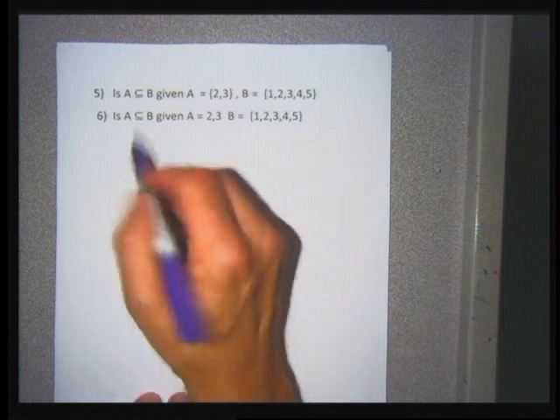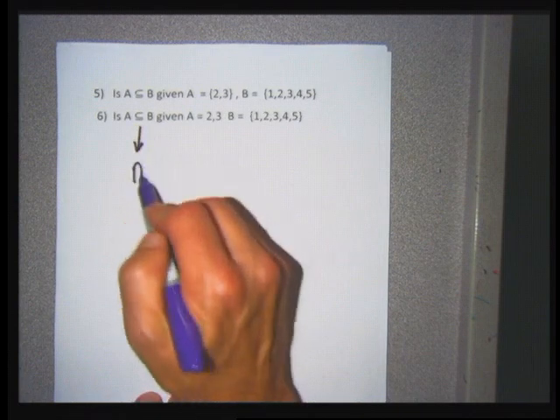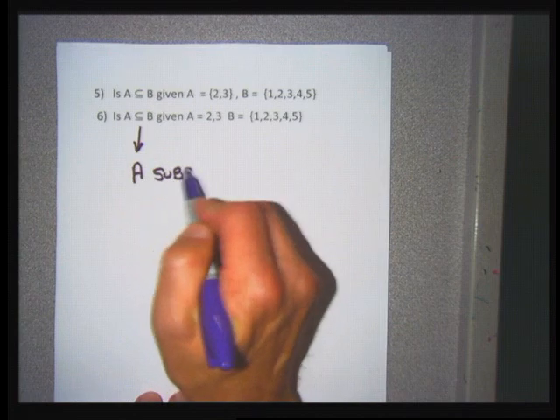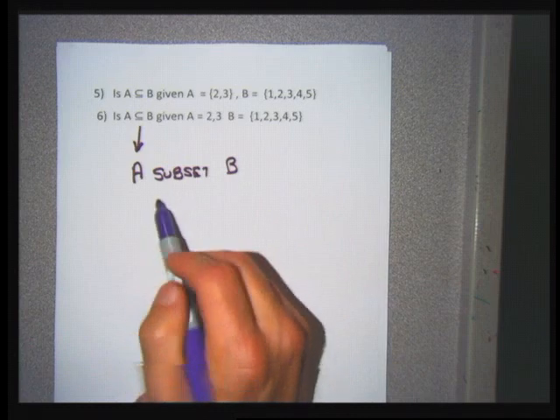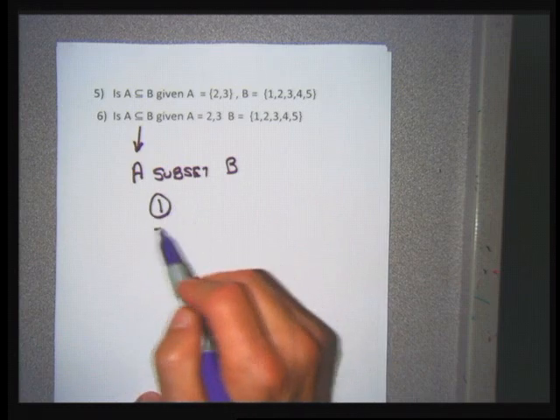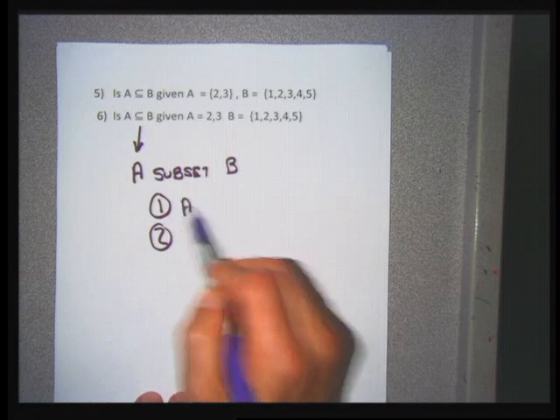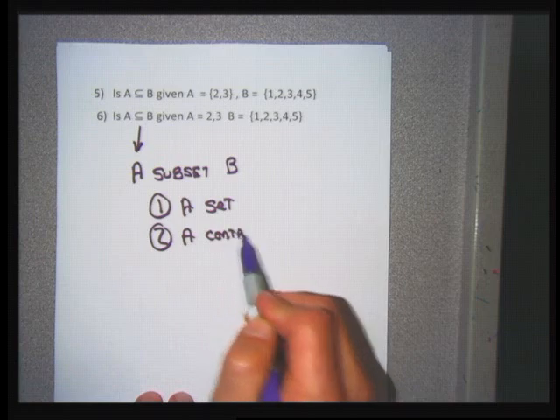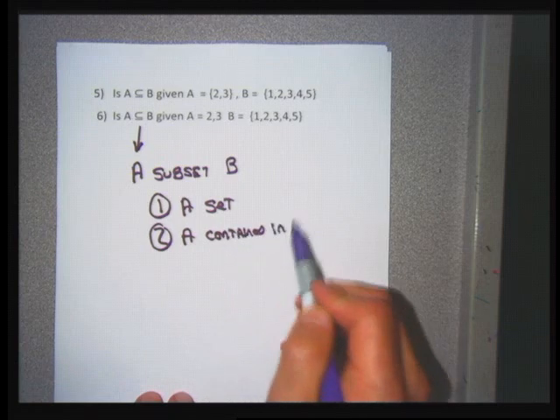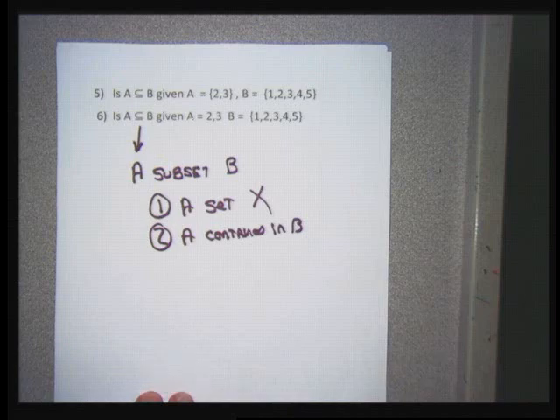My 5 and 6 are a little bit different. These are on the same page together, but my answer for 6 is going to be different than your answer for 5 probably. So 6 wants to ask, is A a subset of B? For that symbol with the line under it to be true, I need two things. A has to be a set, and A has to be contained in B. For me, A is not a set.